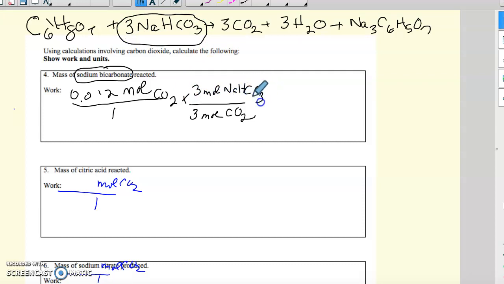And I realize that that's just 1, but I am going to leave it as 3 and 3. And then lastly, you would want to calculate the molar mass of sodium bicarbonate. And that's how many grams are in a mole.